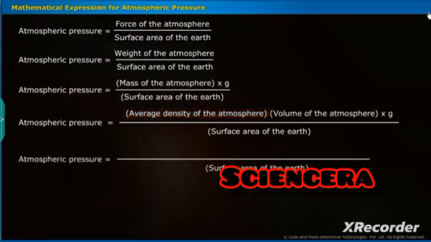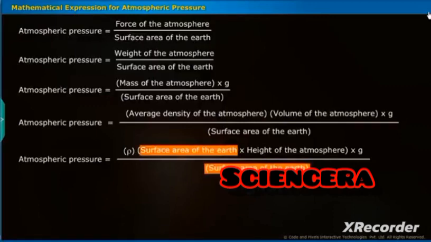Average density of the atmosphere can be represented as rho. We know that the volume of a body is nothing but the product of surface area and height of the object. So, the volume of the atmosphere can be changed to the product of surface area of the Earth and height of the atmosphere.